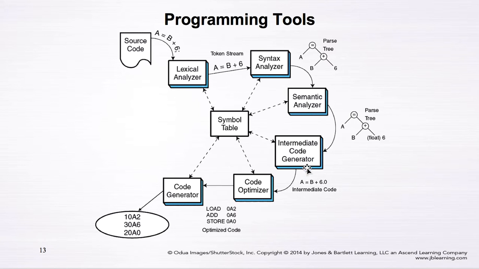The output of the intermediate code generator goes into the code optimizer, and then the code generator creates the machine code that the hardware can execute. As you can see, the symbol table is central, interacting, communicating, and linking with the different phases in order to make sure the information about all of the variables and processes is transferred correctly.